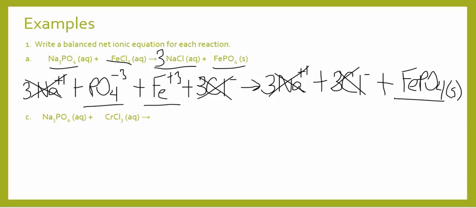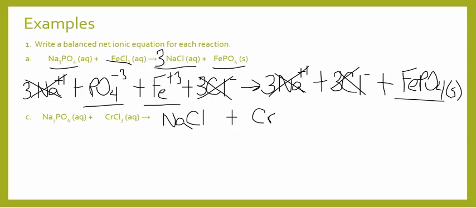In this next example, Na3PO4 plus CrCl3. I didn't give you the products, but it's a double replacement reaction, so sodium and chromium will switch. So sodium will combine with chlorine, and the charges are +1 and -1, so NaCl. Chromium will combine with PO4.